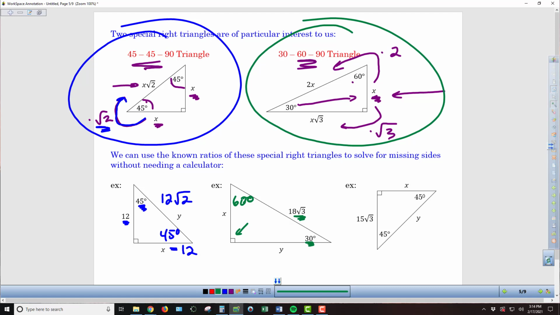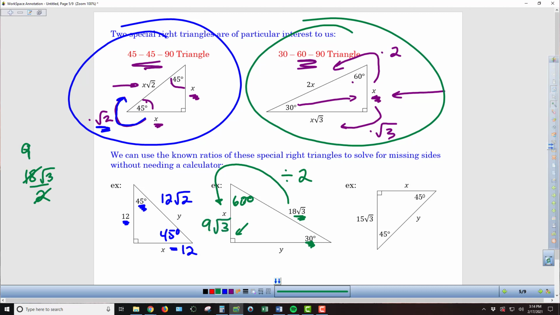And so if you recall, the hypotenuse is twice as long as the short leg, being the one across from the 30-degree angle. So that means in this case, to figure out what x equals, I'm going to divide by 2. So if I take 18 root 3 and divide that by 2, I'm just going to reduce my fraction here. So I end up with 9 root 3 is my answer for x.